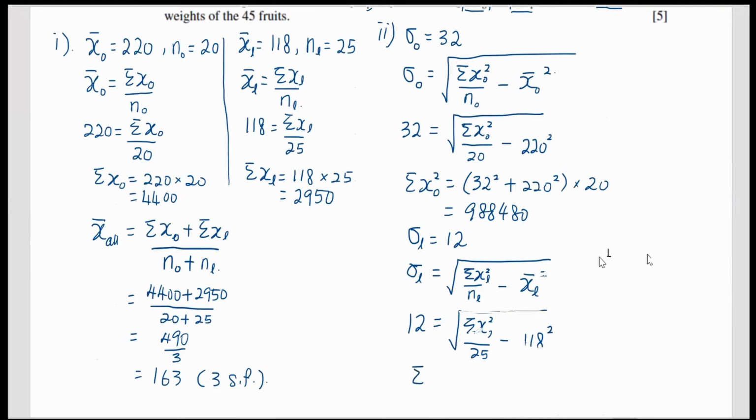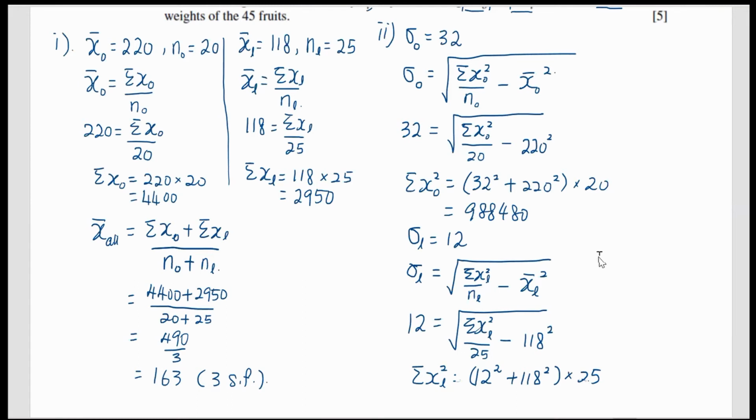So we can calculate the sigma x squared for the lemon. All right, so again, square root becomes square, and it's going to be 12 squared. Minus 118 squared becomes plus 118 squared. And divided by 25, now bring it to the other side, becomes times 25.